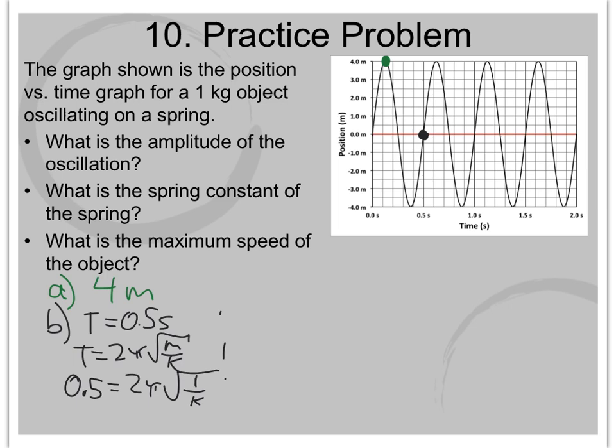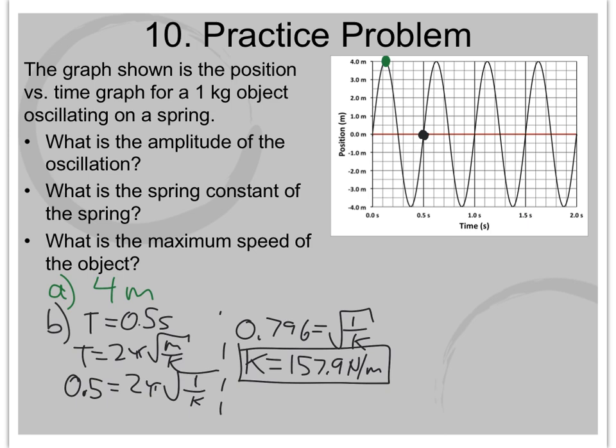So coming up here, I can say 0.796 equals the square root of 1 over k. I'm going to square that and then cross multiply, and I find that k in this case is 157.9 newtons per meter.